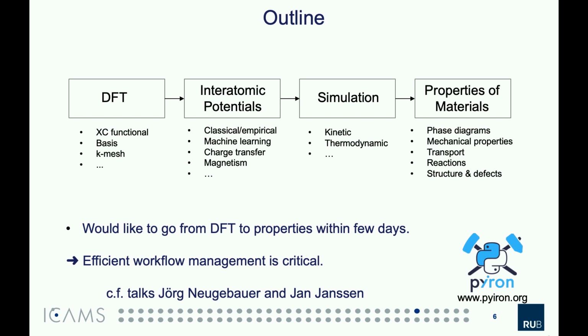And also, of course, in order to be able to do this smoothly from fundamentals to the properties of materials, it is absolutely critical to have a homogeneous workflow, a workflow that is robust, reliable and reproducible.